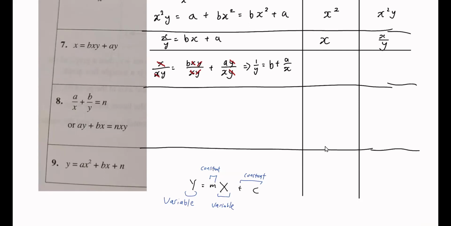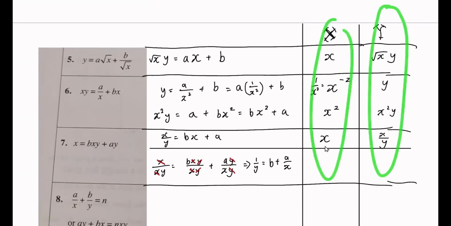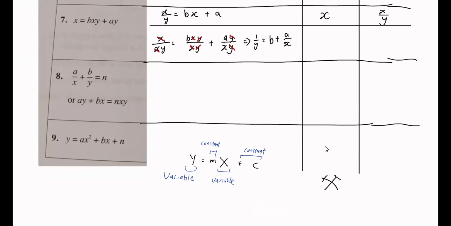So your big Y, sorry, if you recall, x is on the left and y is on the right. Maybe I should always write this down. So the capital Y is now 1 over y. The capital X is now 1 over x. Y equals mx plus c, where m is a, x is 1 over x, and c is b.